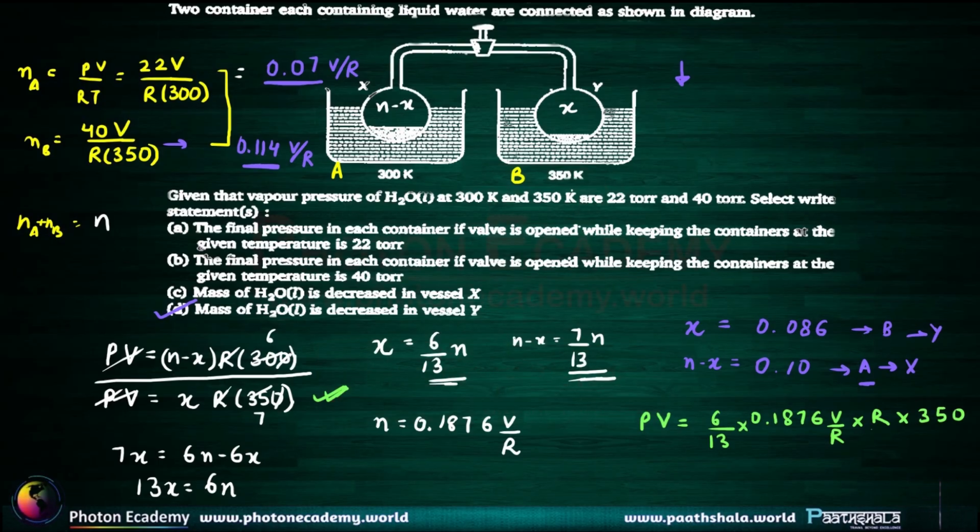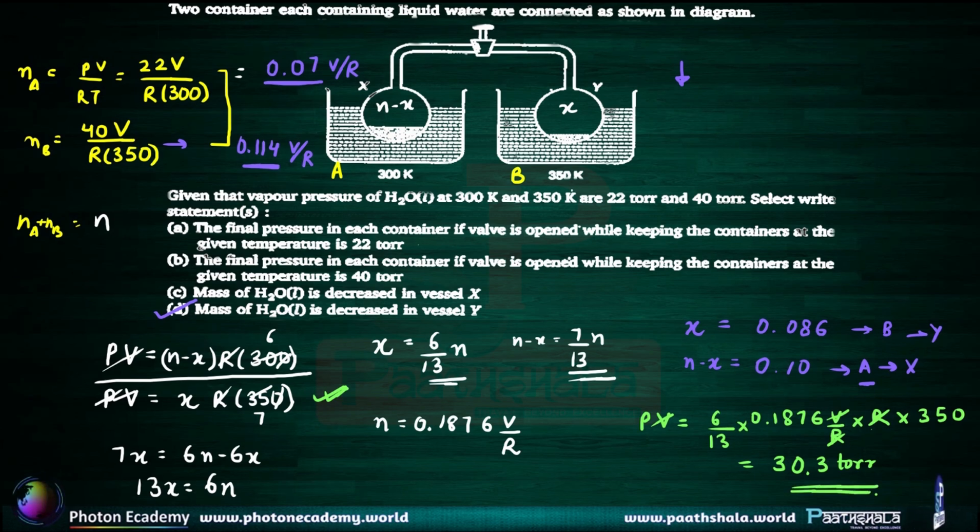This R gets cancelled, V also gets cancelled. So what we have to calculate is 6 into 0.1876 multiplied by 350 divided by 13, and this comes out to be 30.3 torr. So this is our final pressure.